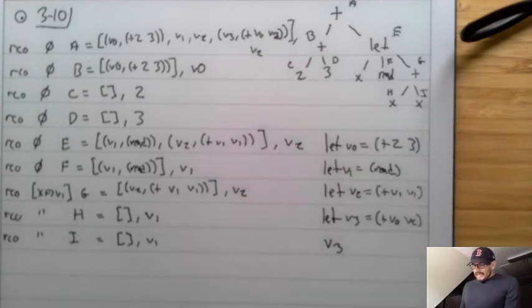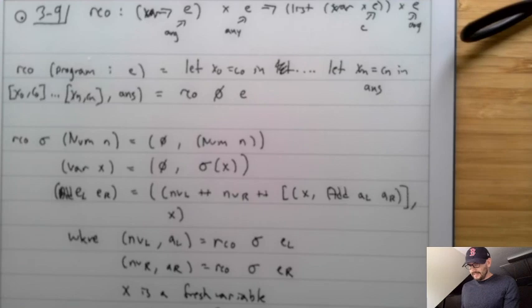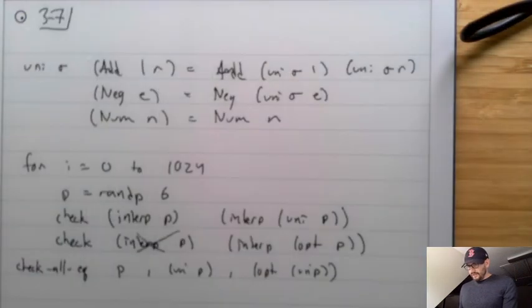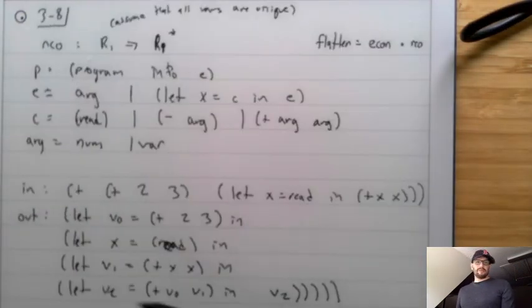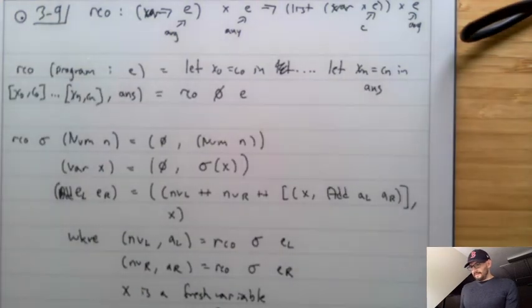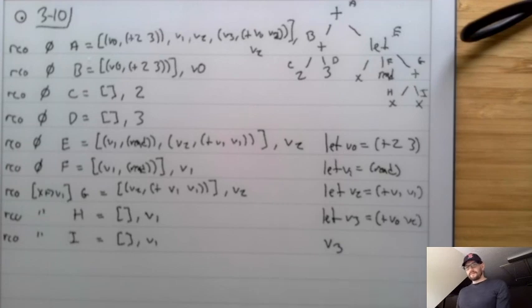Notice that that's exactly what I said we were going to output for this program, although I wrote an X right here rather than a V. Okay, so that's the RCO step.